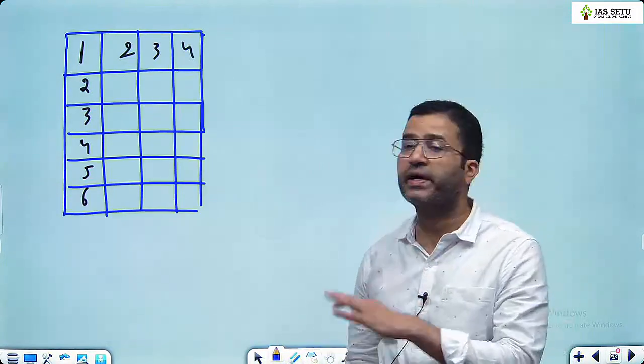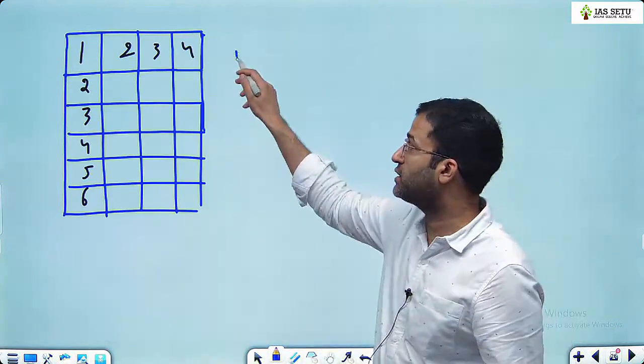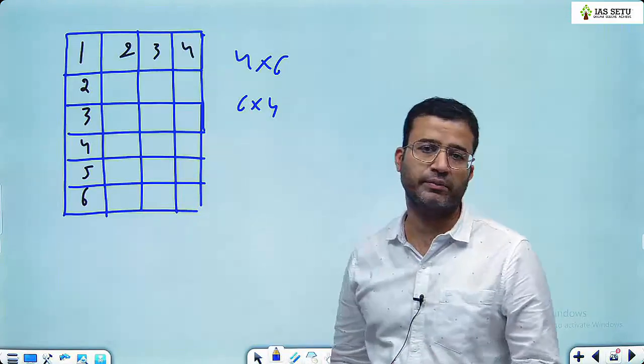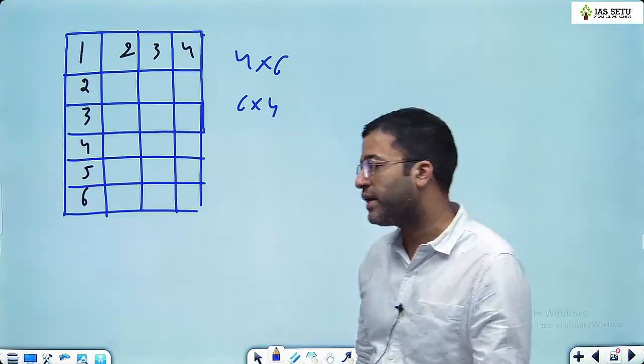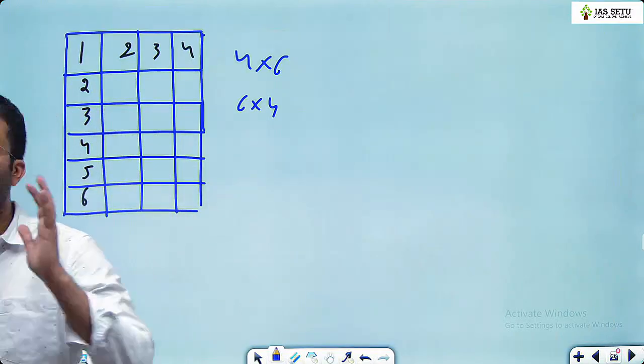In our topic it doesn't matter whether you take column or row first. Either you write this figure as 4 by 6 or 6 by 4, the answer will be the same.